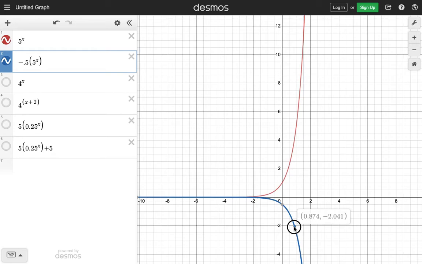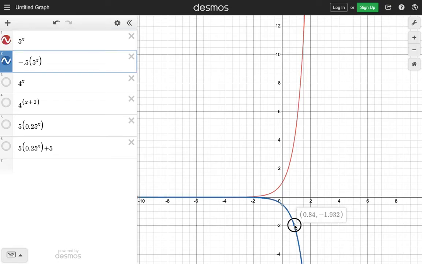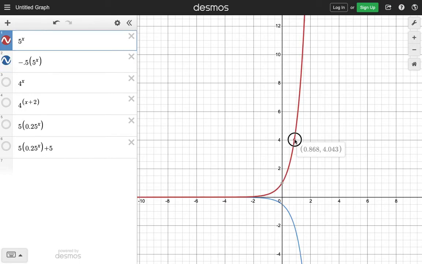So let's see, that'd be way up here. If I see a 0 point, it would be in the 4s, right? Up here somewhere. And then multiply it. 8.5. Around that line.